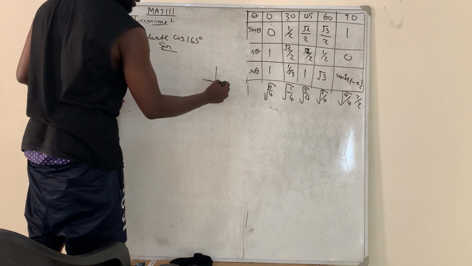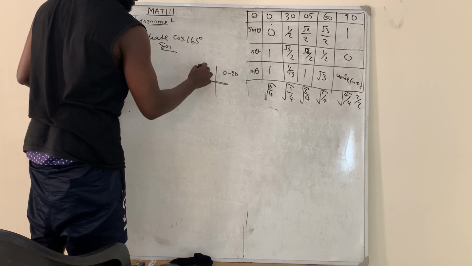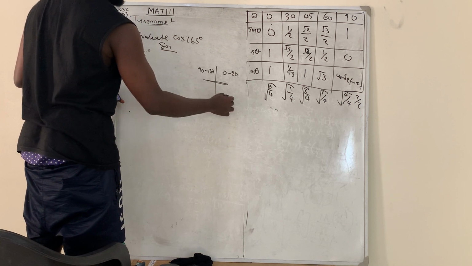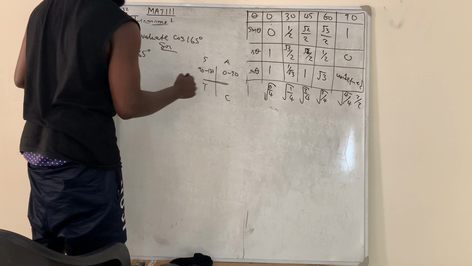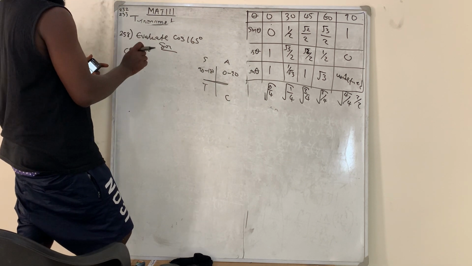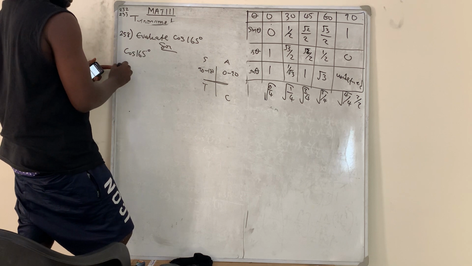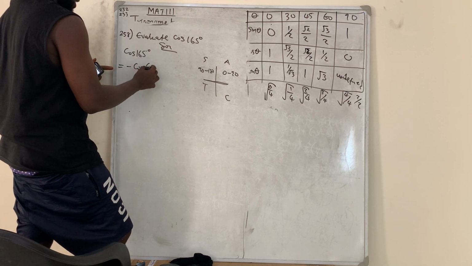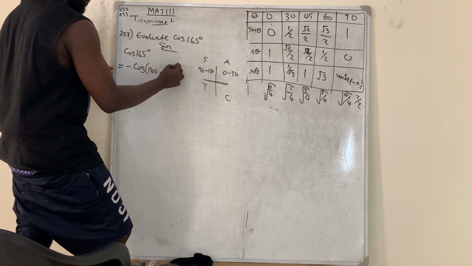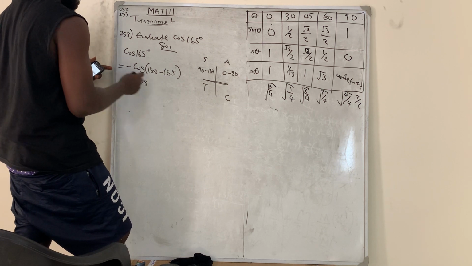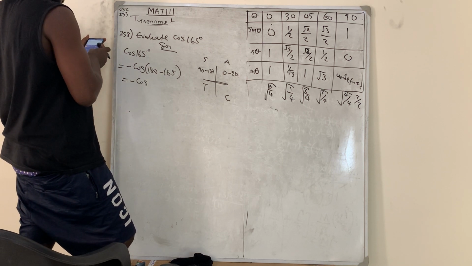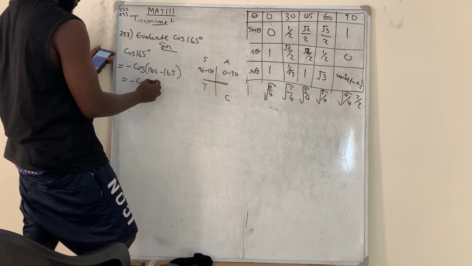That's what you will check. From 0 to 90, 90 to 180, and I have CAST. So cos is negative in the second quadrant, so it's negative. So I'm going to have negative cos 180 minus 165. So I have minus cos 15.